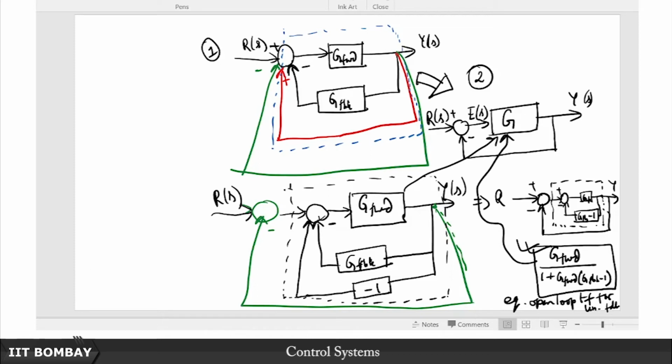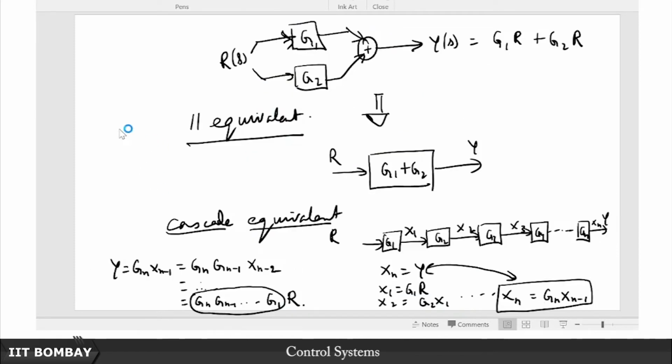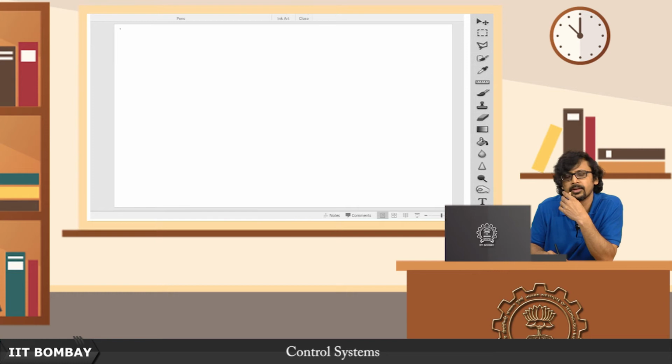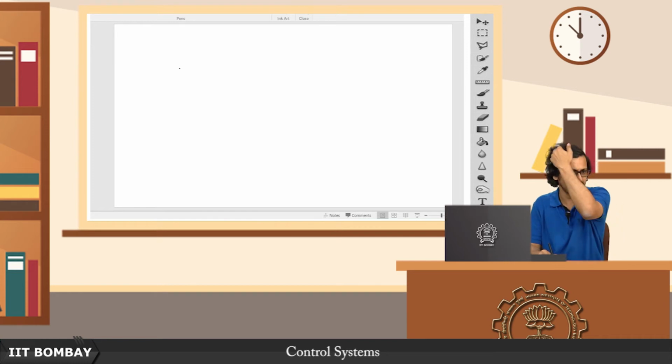So that is what I wanted to discuss. In the process we have also discussed this parallel equivalent and the cascade equivalent blocks. There are a few other tidbits here that need to be discussed. Often you might have to do some other tricks rather than just this parallel series equivalence.